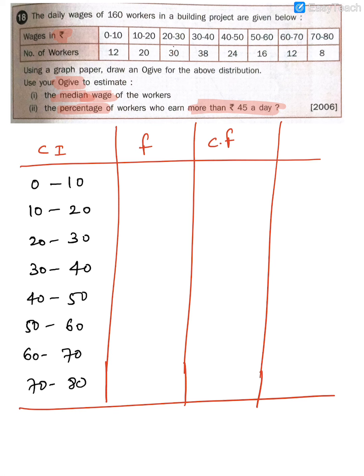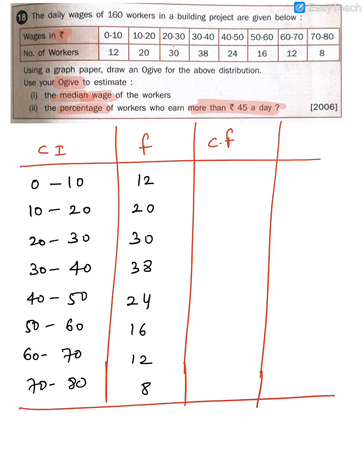Okay, that's our table. Now let's write down the frequency that was given. So it's 12, 20, 30, 38, 24, 16, 12 and 8. Now guys, I think we should write the CF first, then we'll discuss.